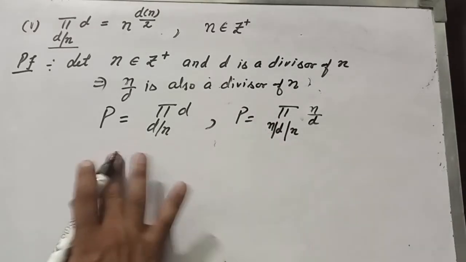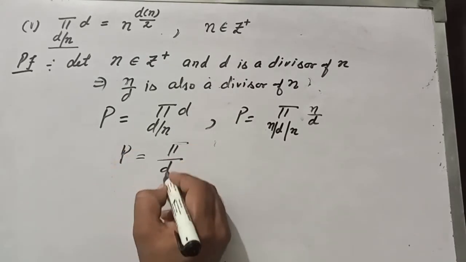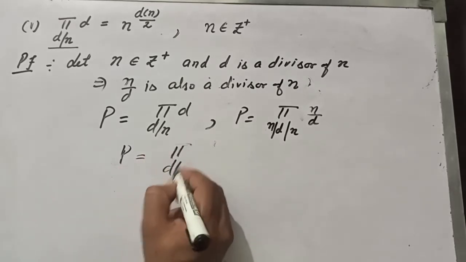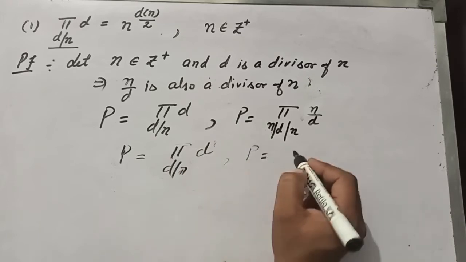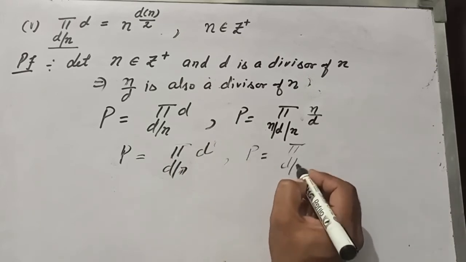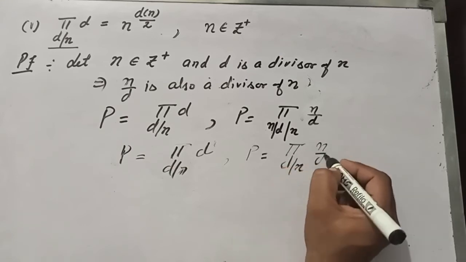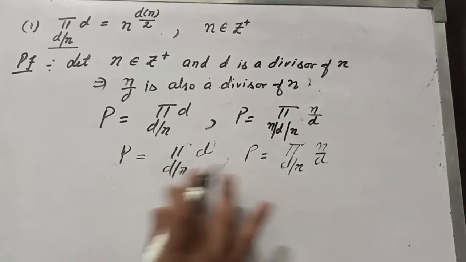Therefore you can replace d by n by d. This implies P can be written as the product over d dividing n of d, and similarly P can be written as the product over d dividing n of n by d. Now multiply these two expressions.